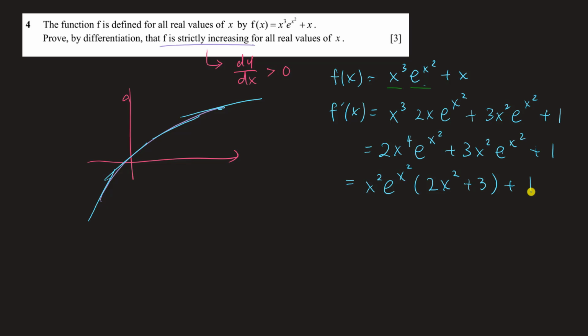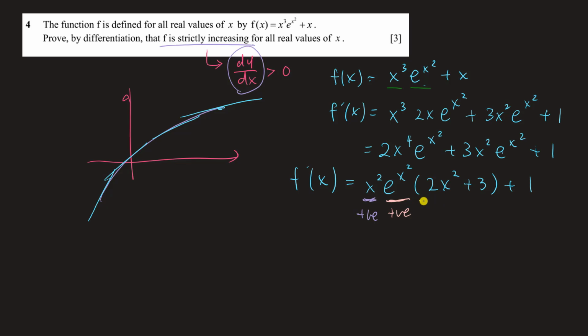So they say prove by differentiation, this item here, dy/dx, is always positive. So how do you show that this is always positive? Very easy, because this item here, always positive, right? Because x², square values are always positive. Second item, e to the power of x², any exponential function is always positive, right? So far, we have known that this is positive. Secondly, this is always positive.